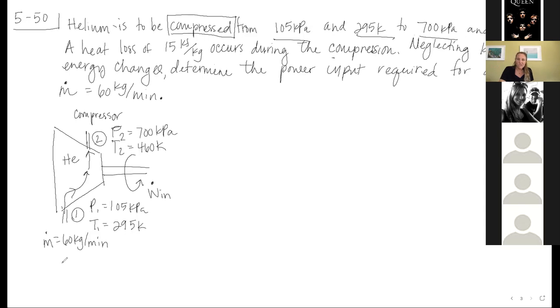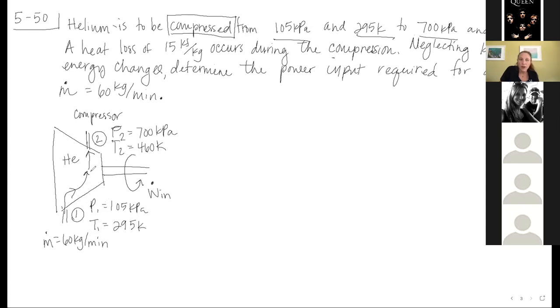Point 1 is where helium is to be compressed from, meaning from this condition to this condition. So initial, final, starting. But you could have written this as point 1 and this as point 2. It doesn't really matter. I was going off the way it was drawn in the book. So they have this compressor where the air is flowing up into it, being compressed, and then releasing out this way.